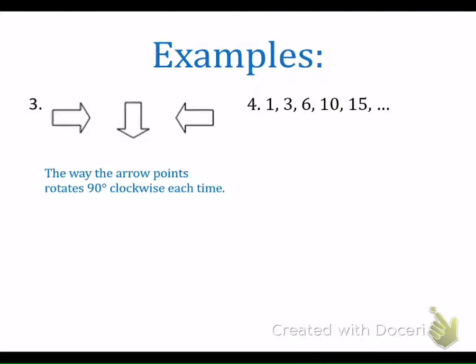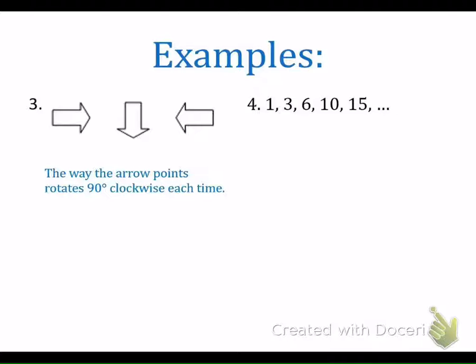So 90 degrees is a right angle. It's like a quarter turn. If you said a quarter turn, I would accept that, but the geometry term for that is 90 degrees. Clockwise is the way a clock moves. So if you're turning your car to the right, that's clockwise. Okay, so the arrow is going 90 degrees clockwise each time.